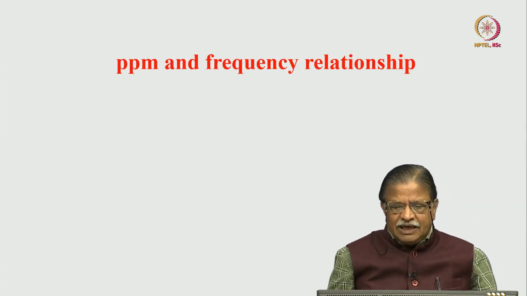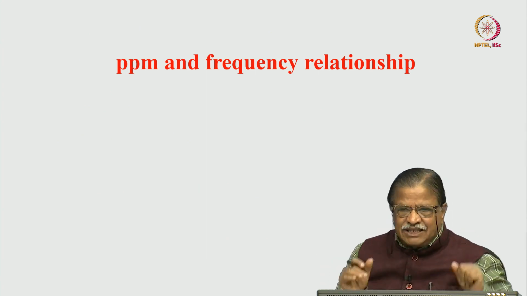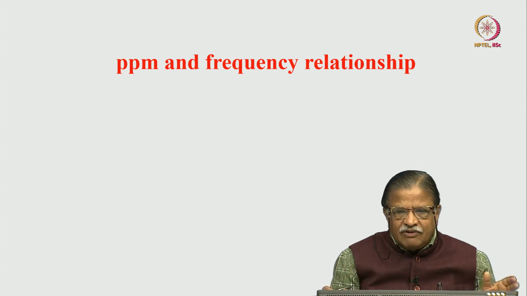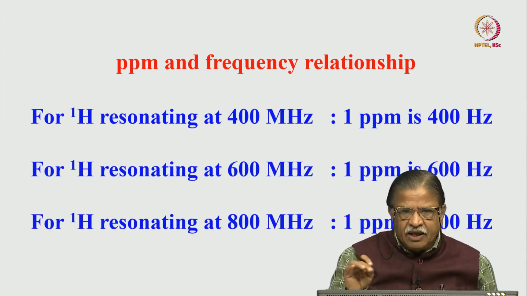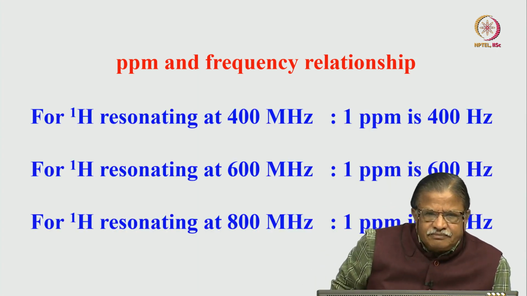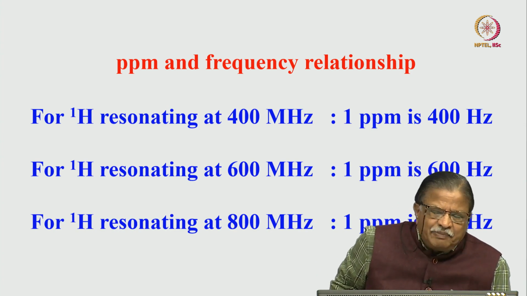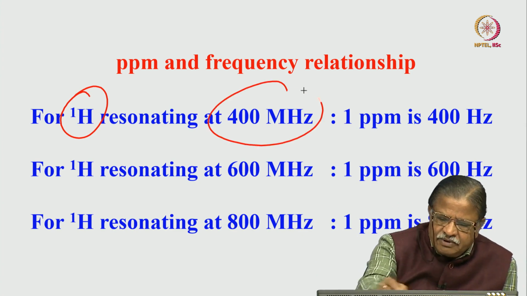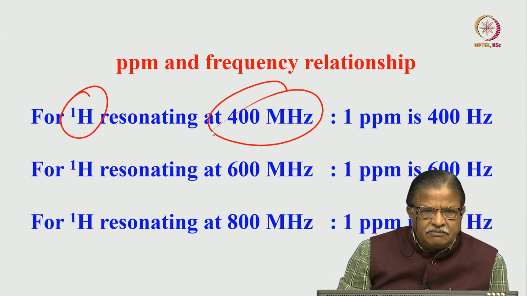Okay. So, let us see what is the relationship between ppm and frequency. How do you convert ppm to frequency and vice versa? Let us say I have a spectrometer where proton is resonating at 400 megahertz, that is my 400 megahertz spectrometer.